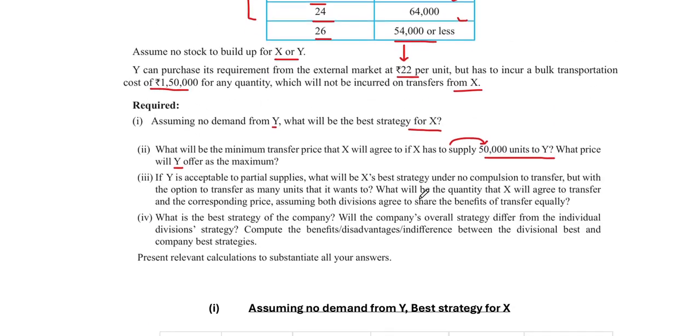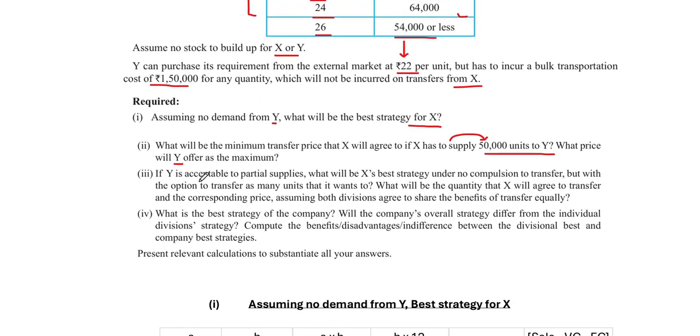In the next part they are asking, if Y is acceptable to partial supplies, what will be X's best strategy under no compulsion to transfer but with the option to transfer as many units as it wants?